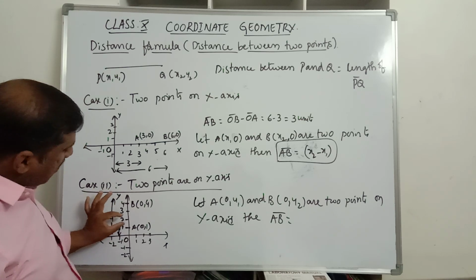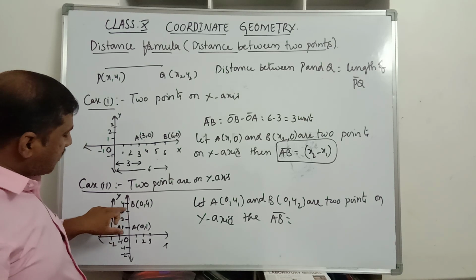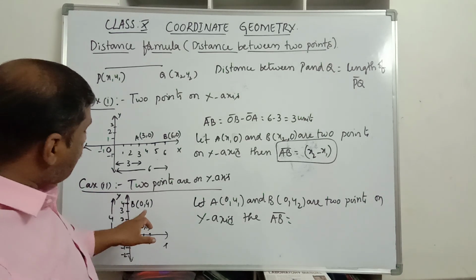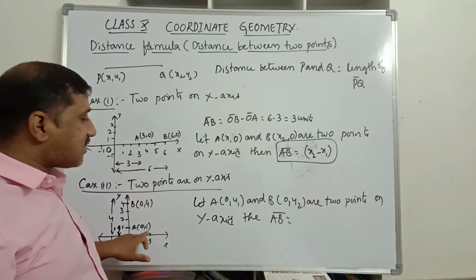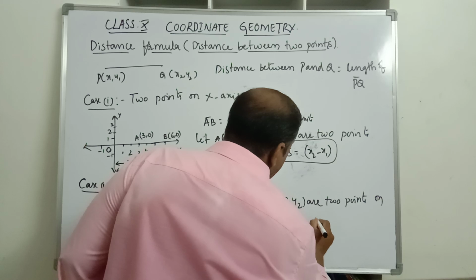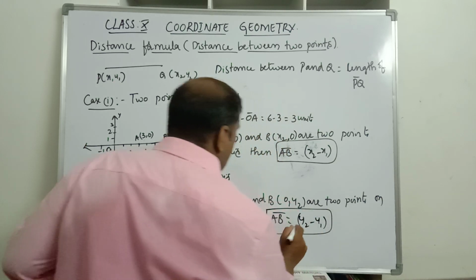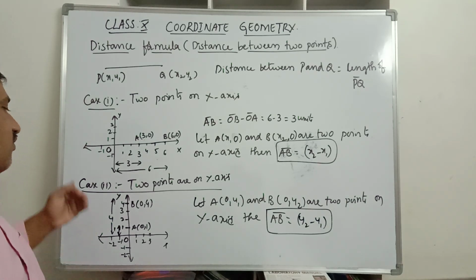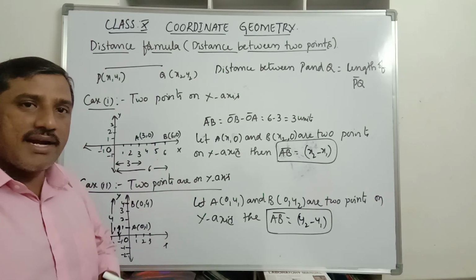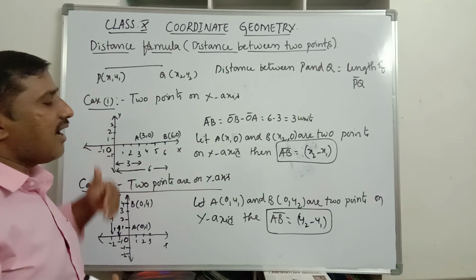You can even count here: 1 unit, 2 units and 3 units. 4 minus 1 is also 3 units. 4 is y2 and 1 is y1. Therefore AB is equal to y2 minus y1. So by subtracting the y coordinates we get the distance between 2 points on the y-axis. By subtracting the x coordinates we get the distance between 2 points on the x-axis.